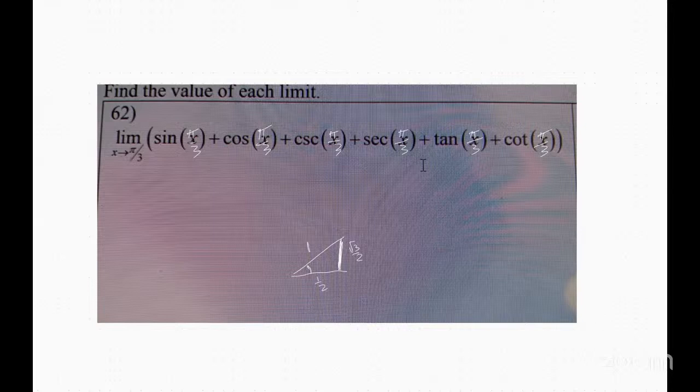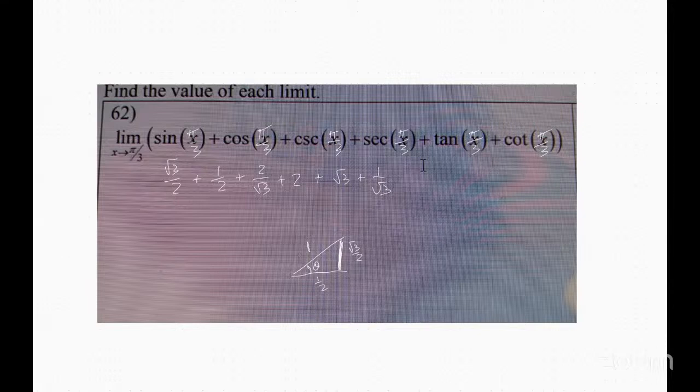The sine is the opposite over the hypotenuse, it's √3/2, plus 1/2, plus 2/√3, which is just the reciprocal, plus 2, plus the tangent is going to be √3, and the cotangent is going to be 1/√3. So that's it, and then it's just a matter of simplifying that. So let's get common denominators. What's the common denominator for this?